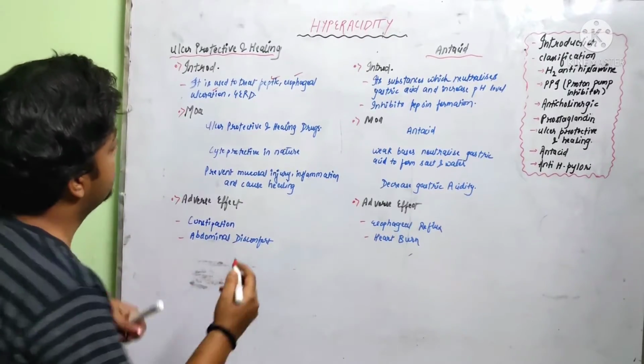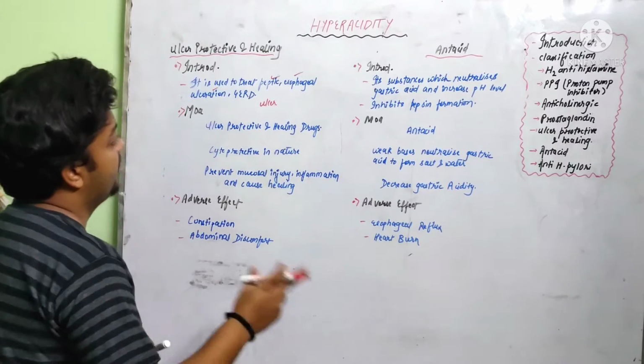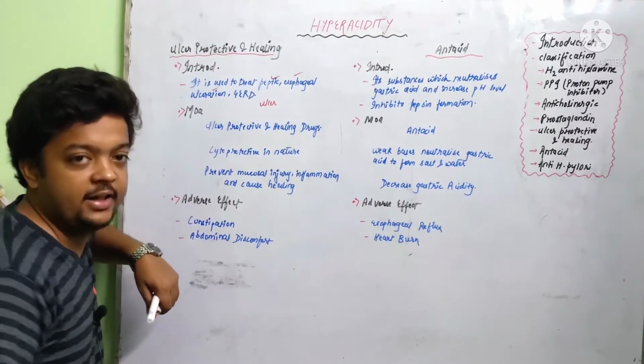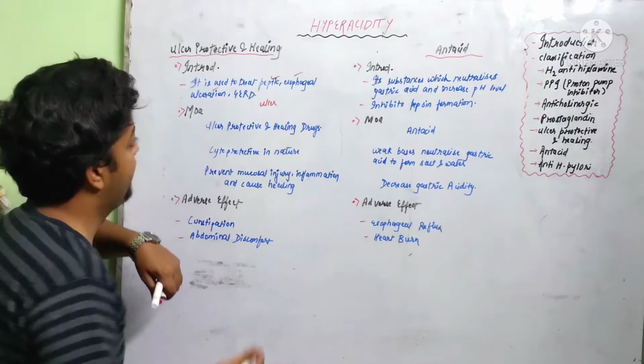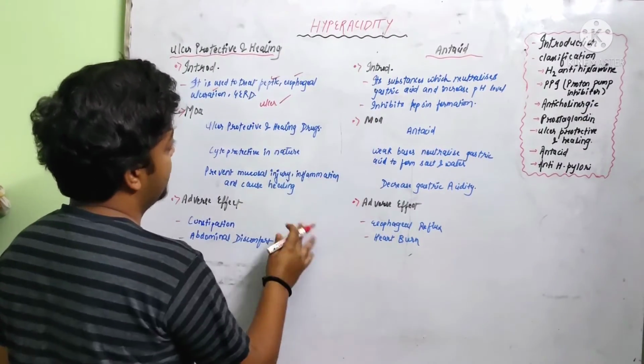Now, guys, the ulceration that you can see here is caused by many factors. One of the factors I discussed in the earlier video was that if you take an excess amount of NSAIDs, NSAIDs cause a decrease in the prostaglandins, and definitely they will cause ulceration in the stomach lining.